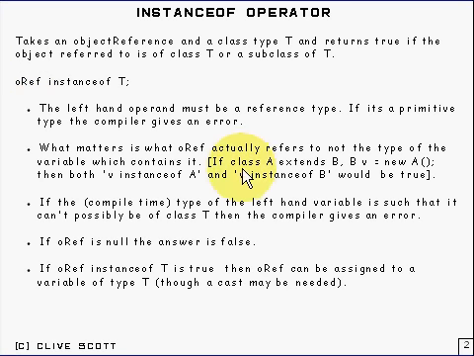So for example, if you've got class A and that extends class B, and you have a variable V defined of type B, and you set it to be new A, which you can do because A is certainly of type B, then both V instanceof A and V instanceof B would both be true.